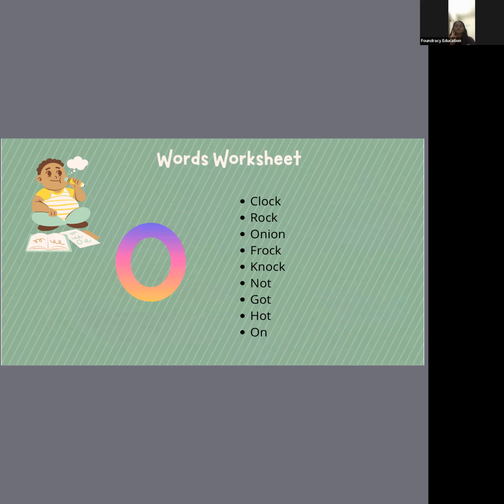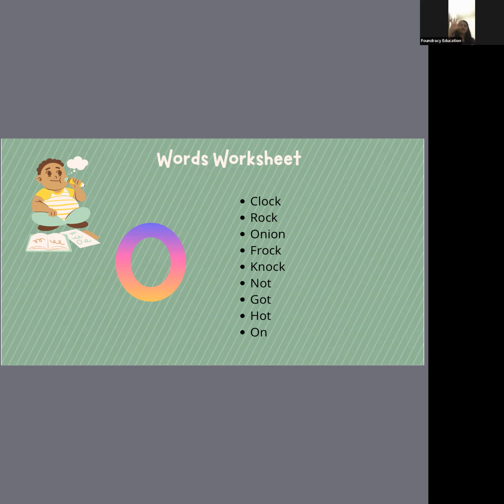Okay. Now we look into the second vowel. Mind it, we are doing the short sounds of the vowels as of now. The sound that you're supposed to make of this O is O. Widen up your mouth. O. So this is kl, o, k, cl-o-ck. Now mind it, vowels will generally come in between.